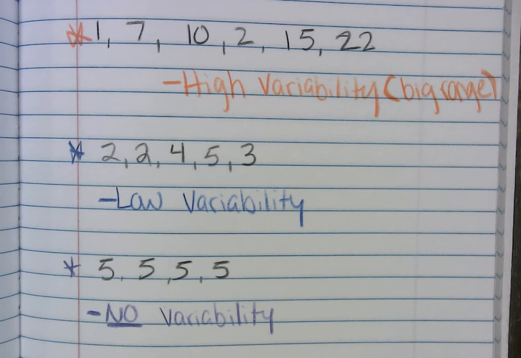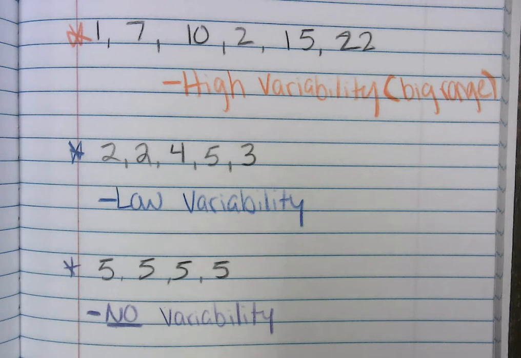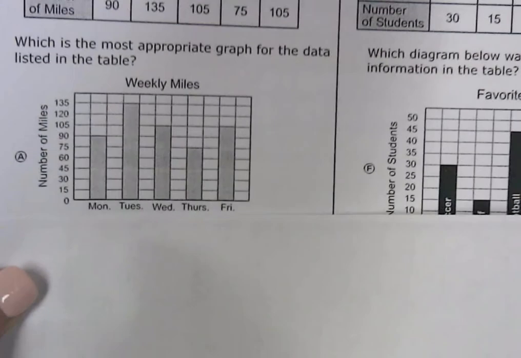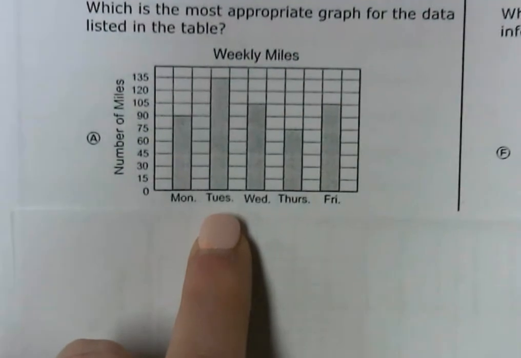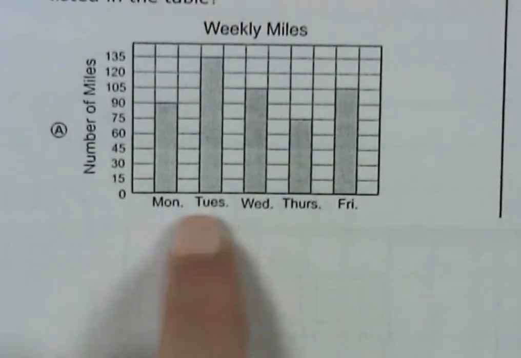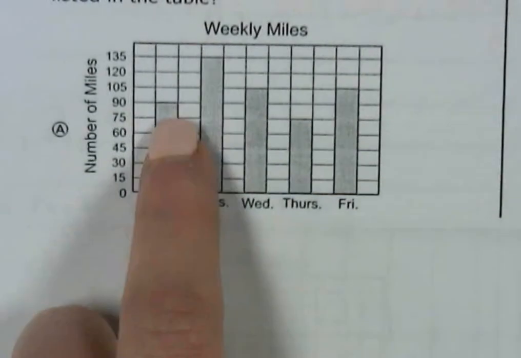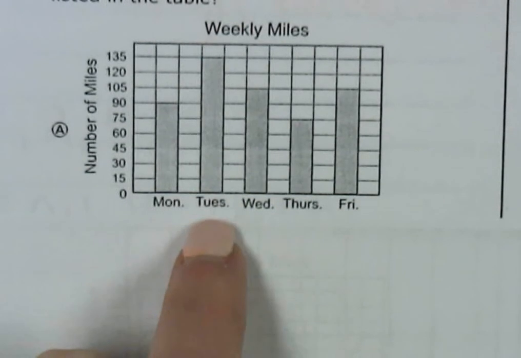So this is all you're going to write down, but I just want to show you a couple of graphs. Let's look at this bar graph right here. We're not going to get into the details of it, but bar graphs are easy to read. It looks like we're talking about the number of miles. On Monday, this person ran 90 miles. Probably not ran, that's way too much. Or probably drove.